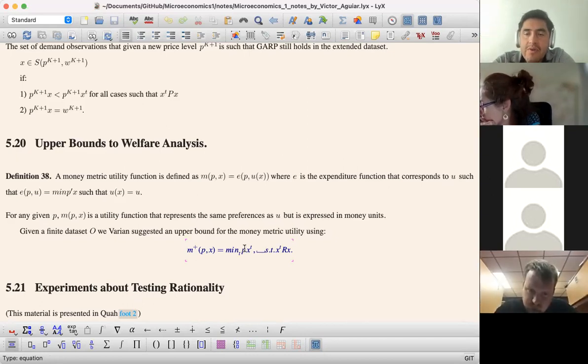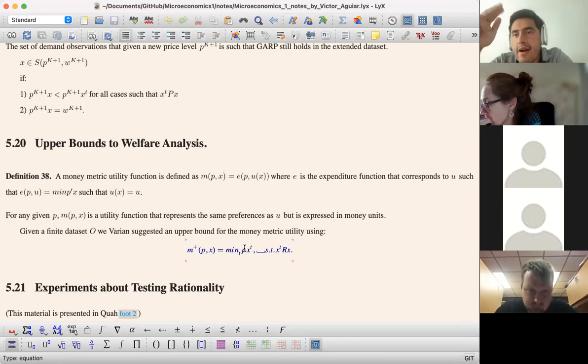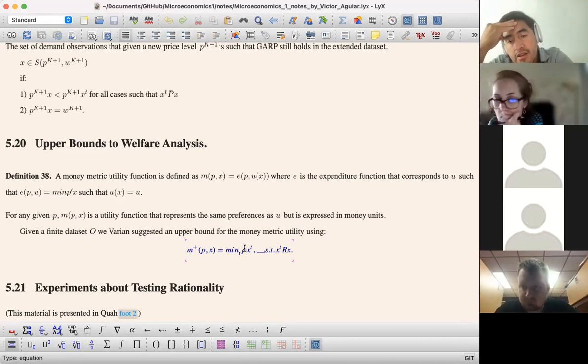And if you do this operation, given R is your data, the revealed preference relation, then you will obtain an upper bound of the money metric. So this will give you the maximum change in welfare that the consumer has.